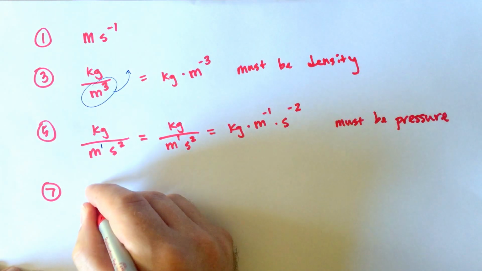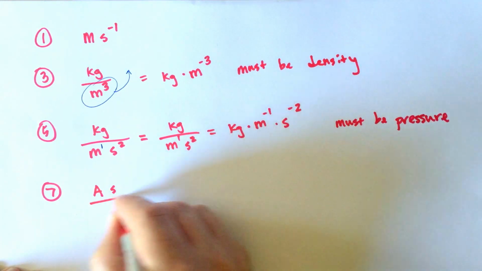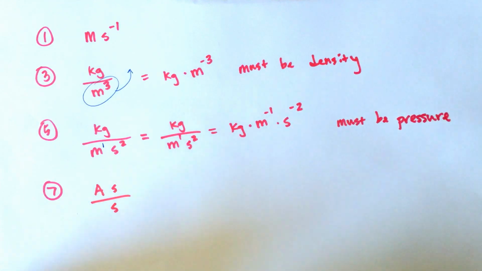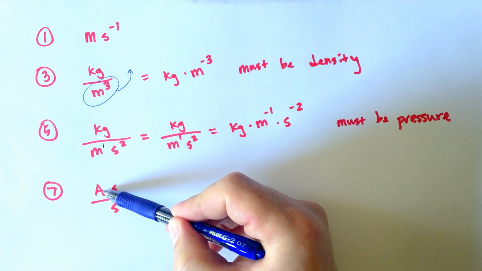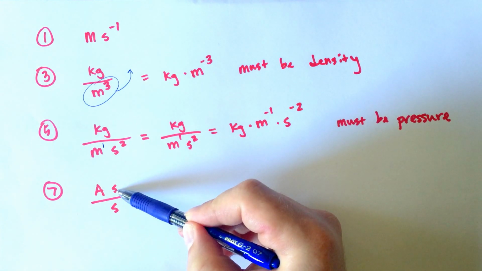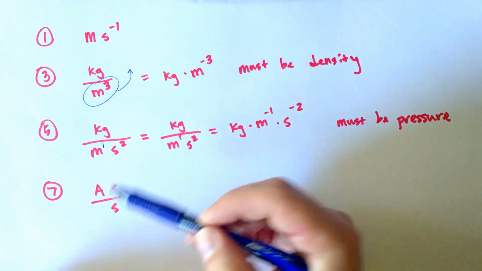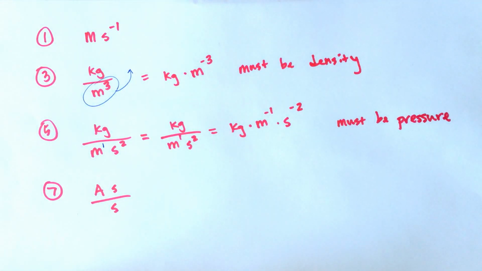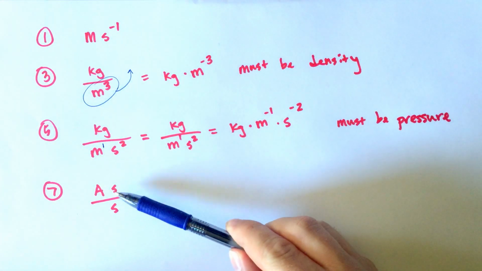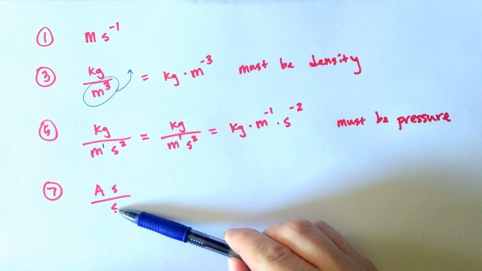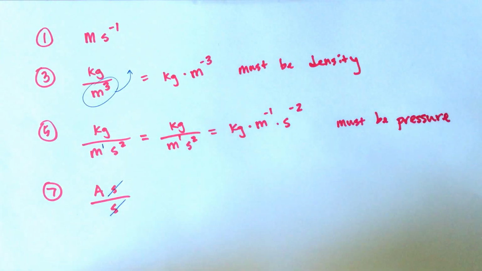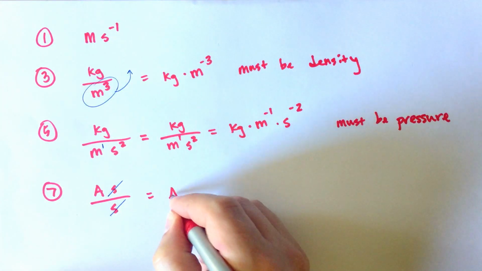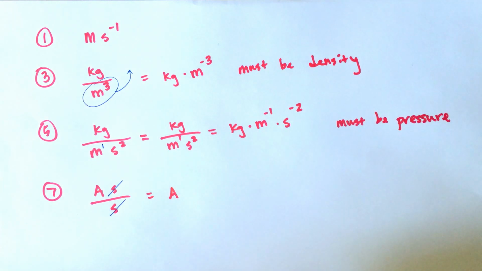Well, they give you A·s over s, which, as a unit, A stands for amps, s seconds over s seconds. And the idea here is that if we have seconds on the top and seconds on the bottom, the two can cancel out. I can cancel this seconds and that one, and that leaves me with just amps.